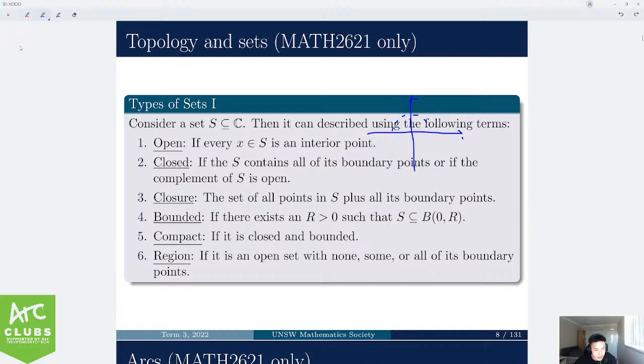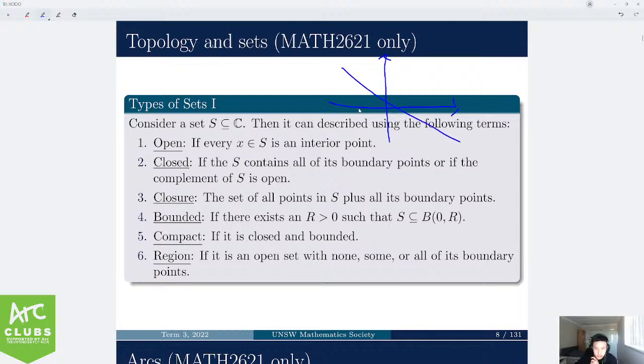And number 6 is your region. A region is essentially an open set with none, some, or all of its boundary points. Now this definition might be a little weird, but it's essentially to exclude, let's say we have a line.